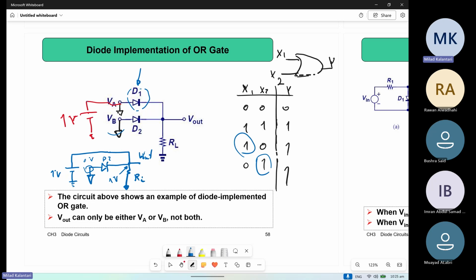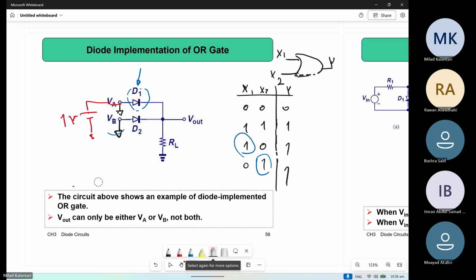And what if you apply both of them 1 volt simultaneously? Let's check. Basically, once you put 1 volt on the two of them, it's like this, right?